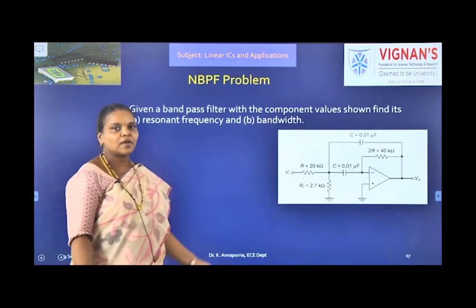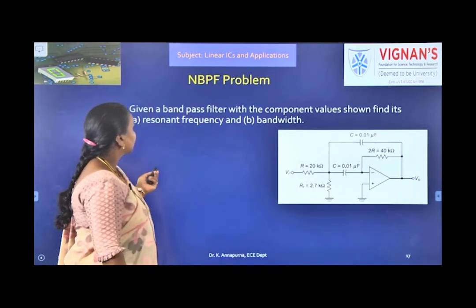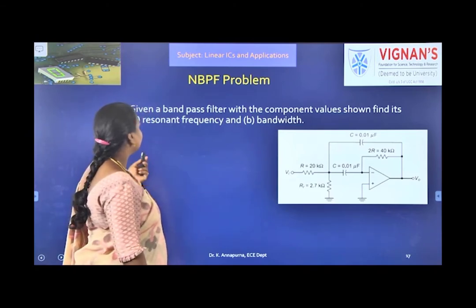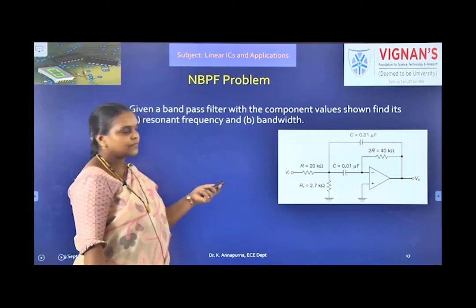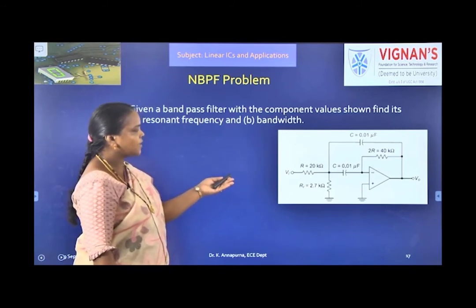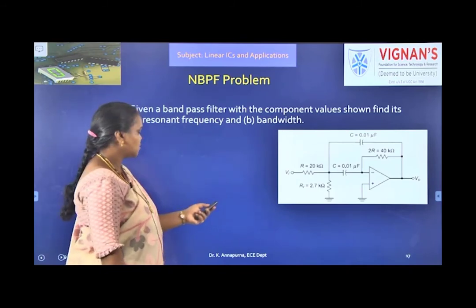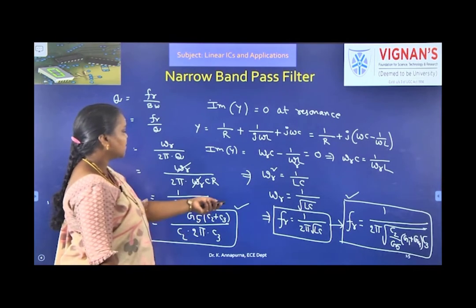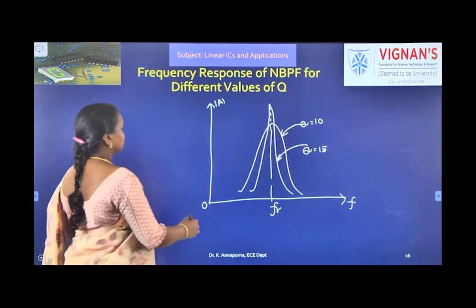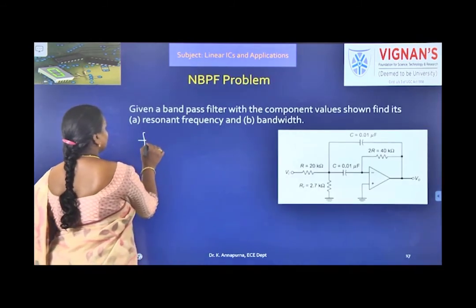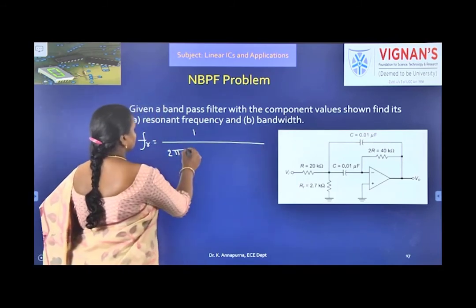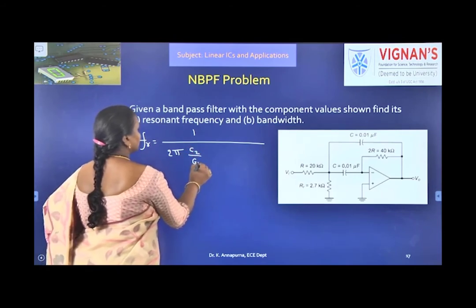Now let us see a problem on narrow band pass filter. Given a band pass filter with the component values shown, find its resonant frequency and bandwidth. Okay, this is narrow band pass filter. And just now we have derived the resonant frequency and bandwidth formulas, right? So what is the resonant frequency formula? FR equal to 1 by 2 pi root of C2 by G5 into G1 plus G4 into C3.